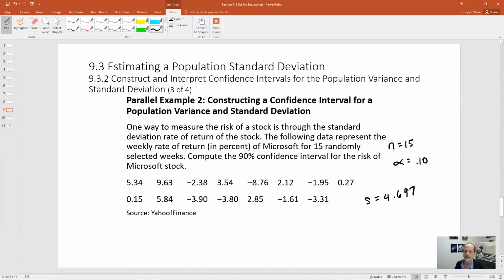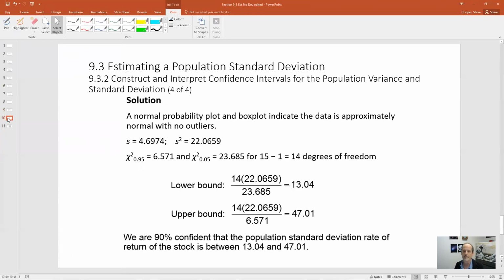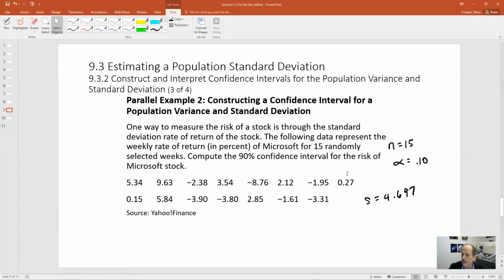All right. They went 1 decimal place further, and so let's oblige them. So we'll make it 4.6974.